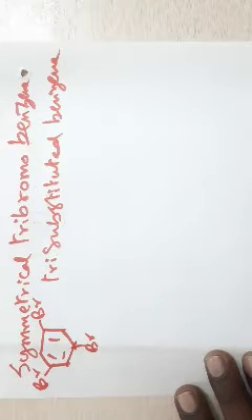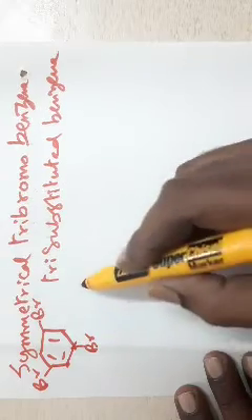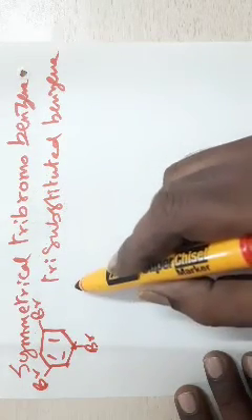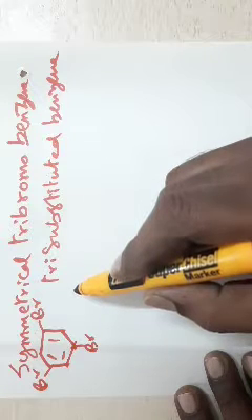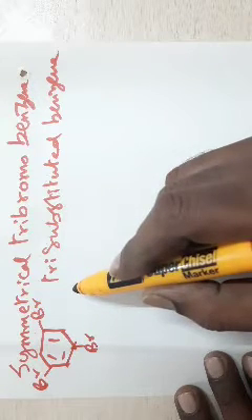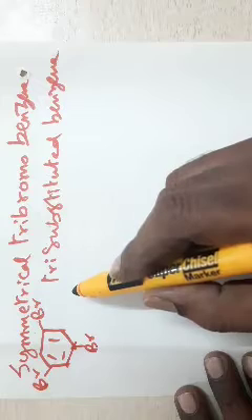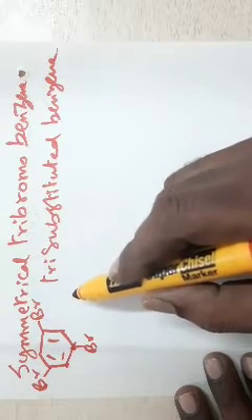What is an activated aromatic compound? It should have a group which is ortho-para directing, which is highly activating the organic molecule and which orients the substituents to the ortho and para position.